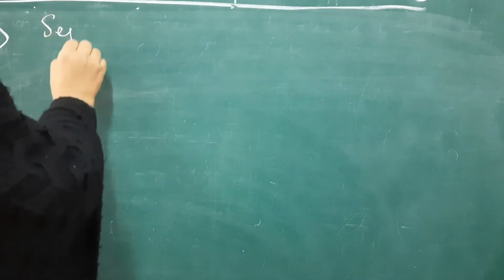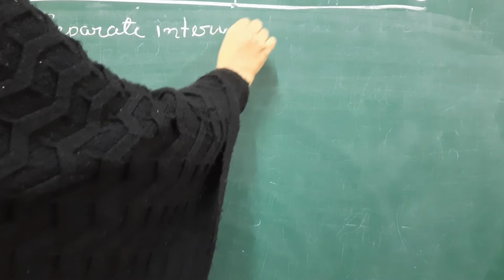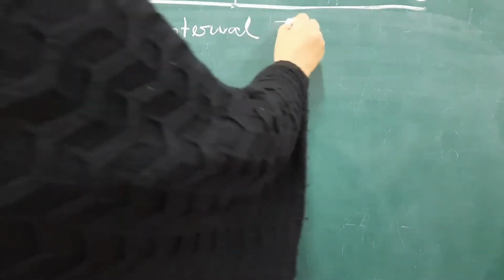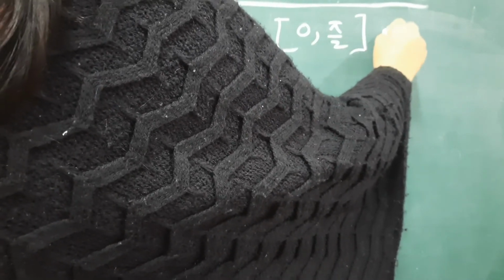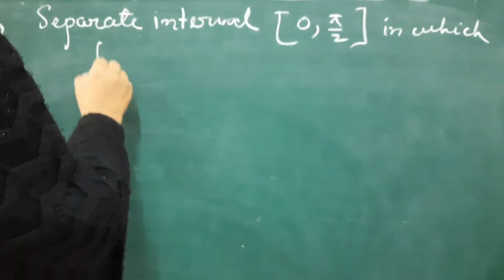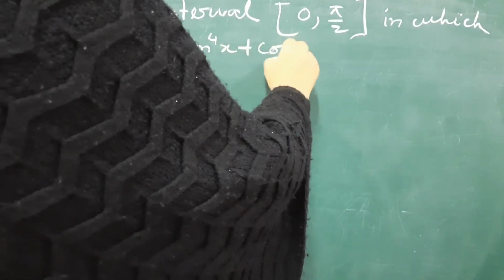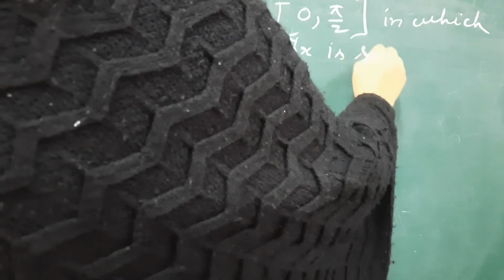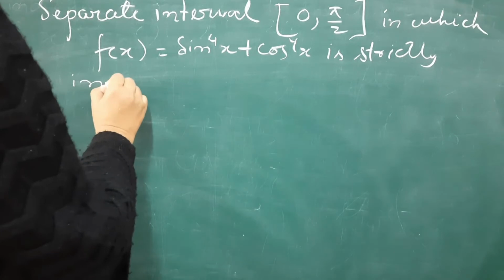So you have to write down, this is question number 3 I am doing. Separate the interval 0 to pi by 2, in which the function f(x) is equal to sin to the power 4 x plus cos to the power 4 x is strictly increasing or decreasing.